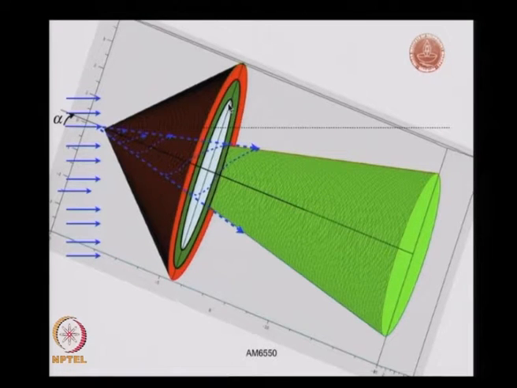Inside this shock wave, this dark black dotted line here is the free stream.